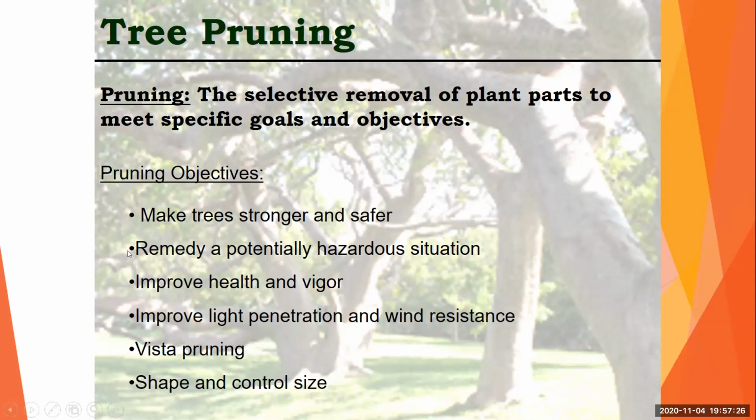You need to correct some problems that you have in the tree. You want to improve the vigor and the health of the tree. You want to increase light penetration and wind resistance. Or vista pruning, you need to open some holes so people can see the landscape.